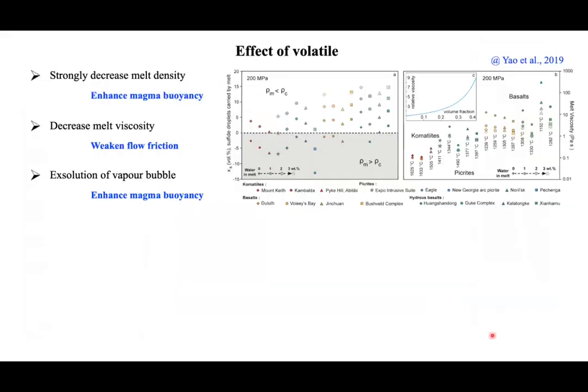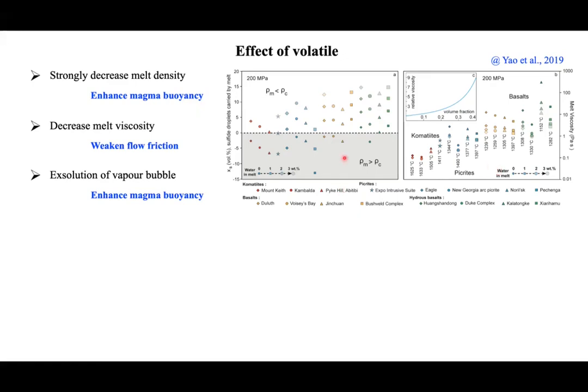Besides this excess pressure, there is also the effect of water on the transport of the sulfide droplet. Firstly, if we add water to the melt from 0 to 3%, it will strongly decrease the melt density and increase the magma buoyancy, and it can carry so many sulfide droplets.